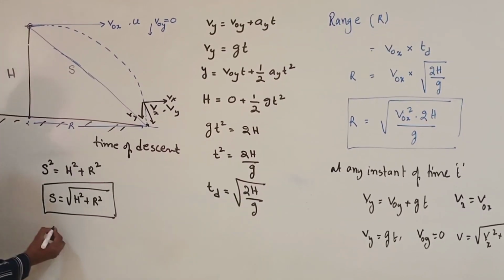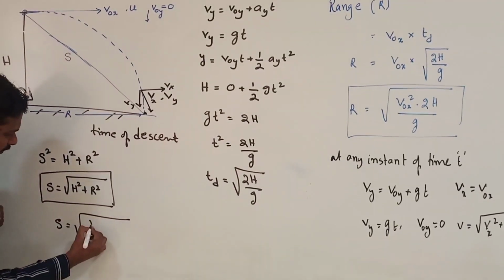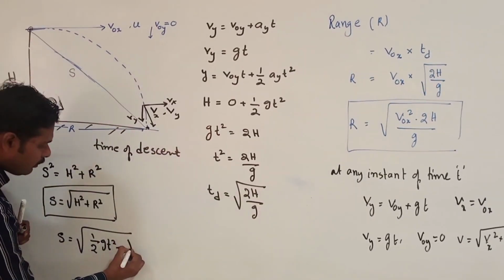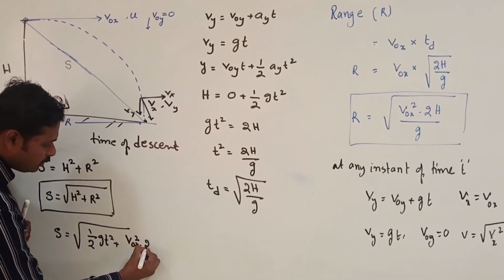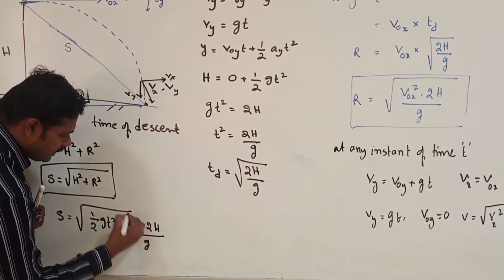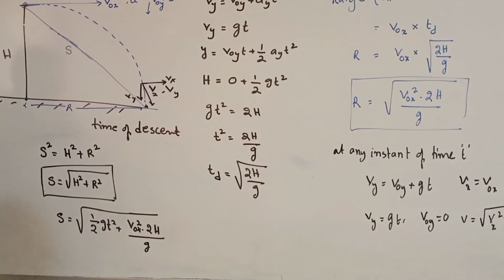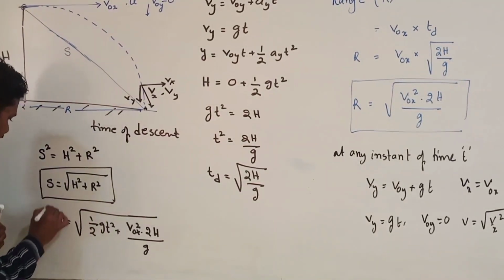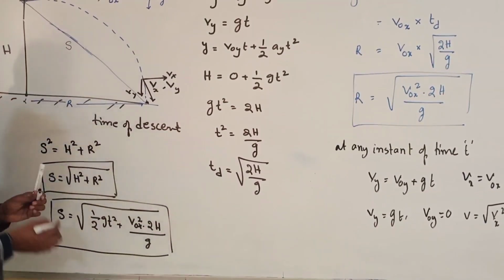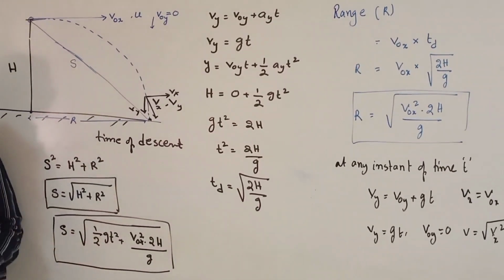Otherwise simply we can substitute h is equal to, let's say, half g t square, and r square is equal to v naught x square into 2h by g. Otherwise you keep h square as it is, then you can write it the same. Anyway, you apply the values of it, then you will get the shortest displacement in the horizontally projected body from the point of projection to the point of landing.